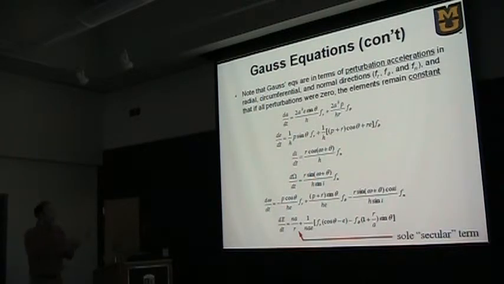I'm not going to dwell on these equations, but if I look at them long enough, notice they all have these little f's: f sub r, f sub theta, f sub n. That is just the force in the three directions: the radial direction, the transverse direction, and the normal direction. So that tells me I have to know how to steer the spacecraft. Those are the components of force.